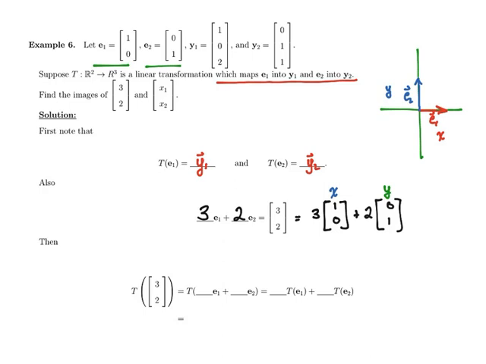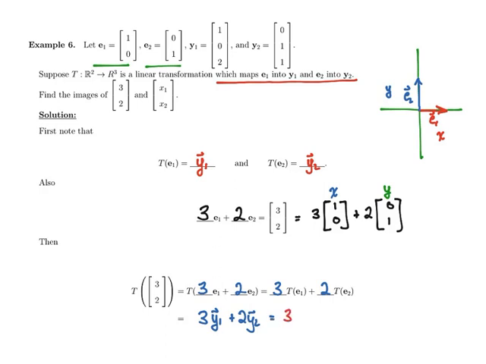Now that I can write 3, 2 as a linear combination of those vectors, we can say that T of 3, 2 is the same thing as T of 3E1 plus 2E2. Using our properties of linear transformations, I can bring the constants out and use the additive property, and I get 3 T of E1 plus 2 T of E2, which will be 3 times Y1 plus 2 times Y2, and we know what those vectors are.